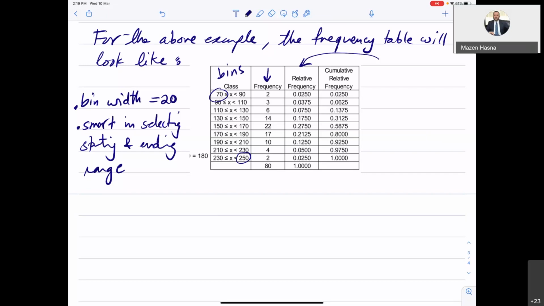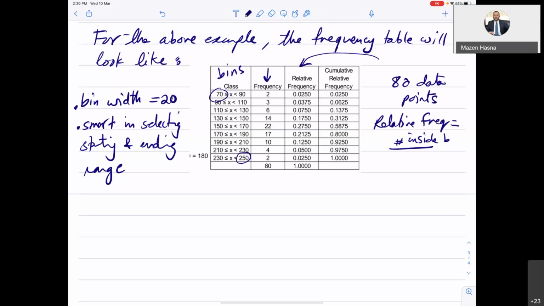Let me go back to the example in my notes. 2, 4, 6, 8, 2, 4, 6, 8, 10. Yes, 80 data points. Then relative frequency equals number inside bin over 80.